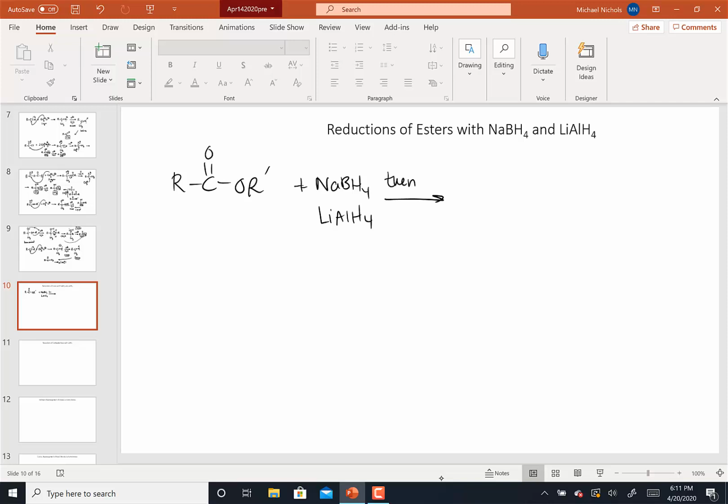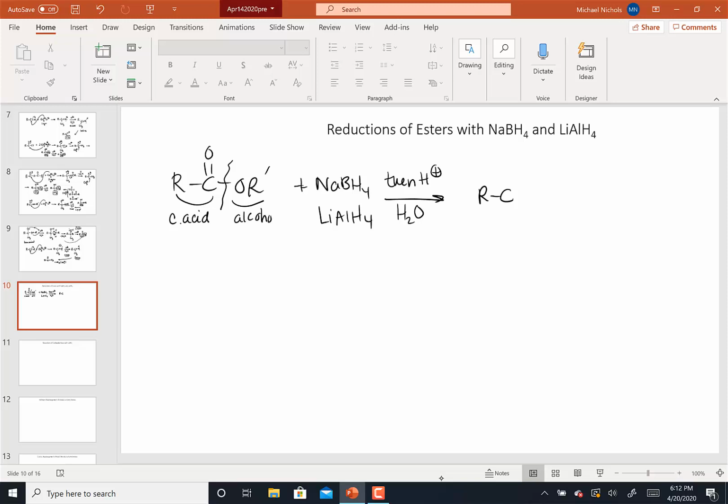We would then have our H plus, H2O steps. And what we end up doing in this case is splitting the molecule in half. So this part came from the carboxylic acid in Fischer esterification, for instance. You can think about that as the carboxylic acid half. This is the alcohol half.